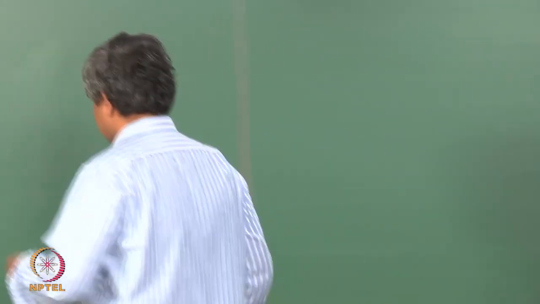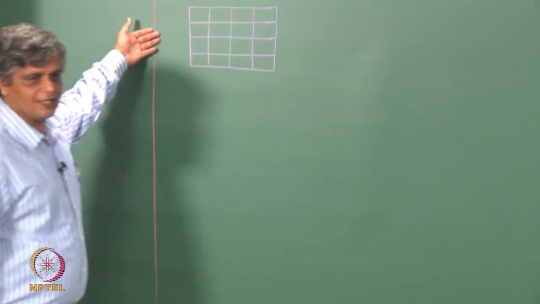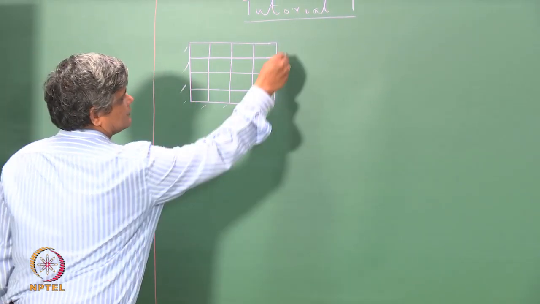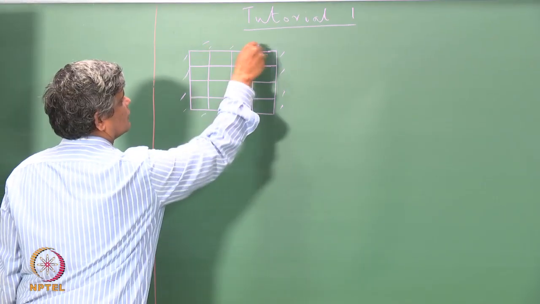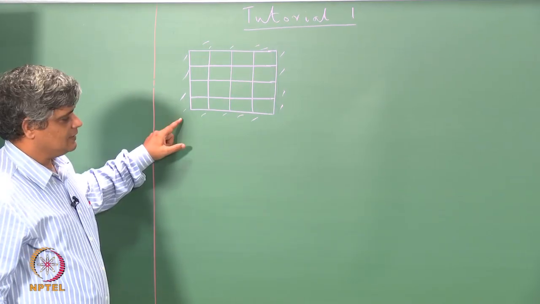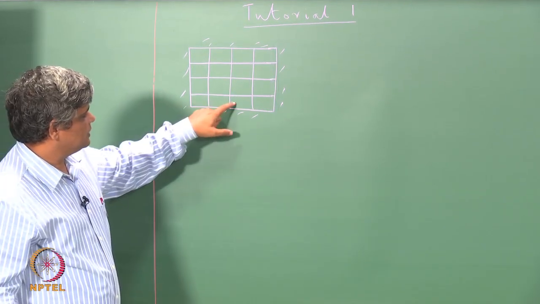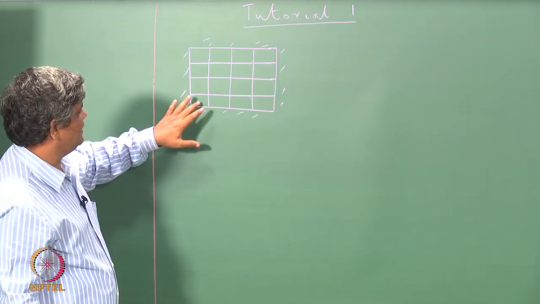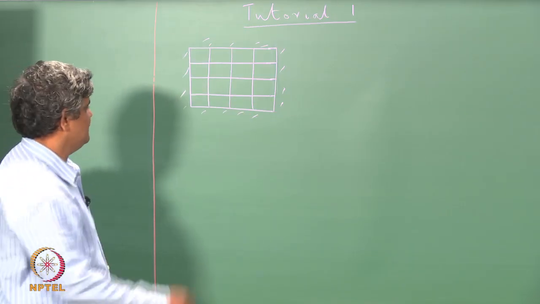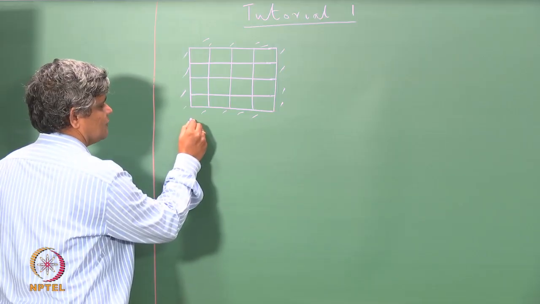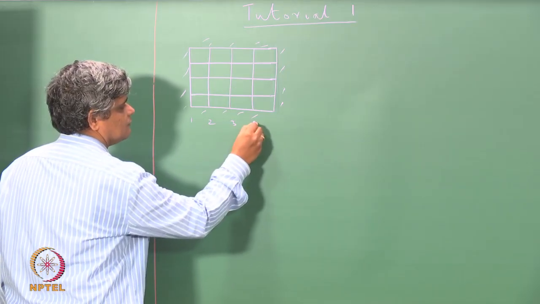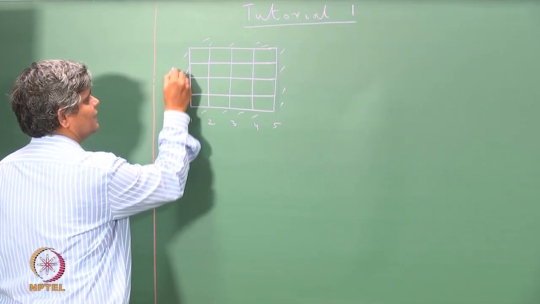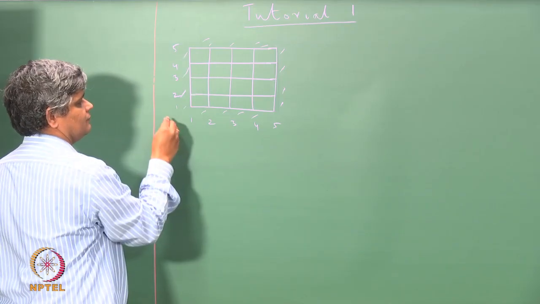So we are looking at a rectangular domain with walls on all the 4 sides, which is divided into 1, 2, 3, 4 cells along the x direction and 4 cells along the y direction. So we have i equal to 1, 2, 3, 4, 5 and j equal to 1, 2, 3, 4, 5.